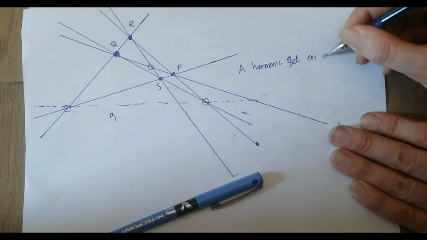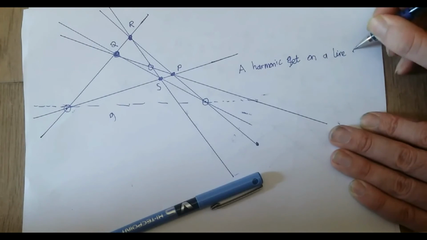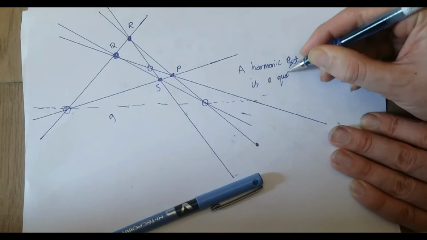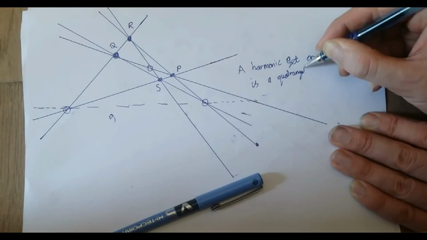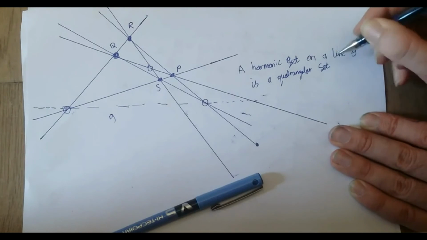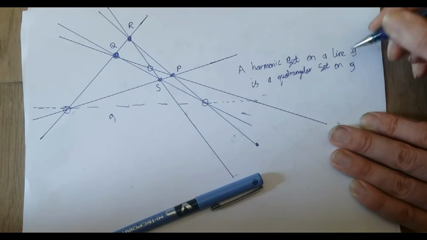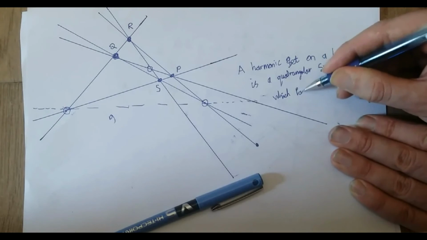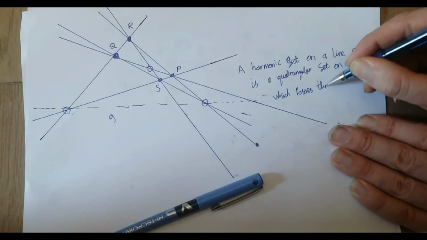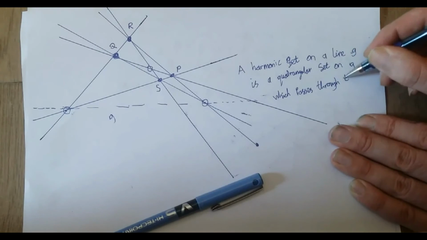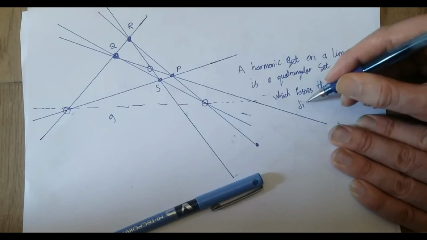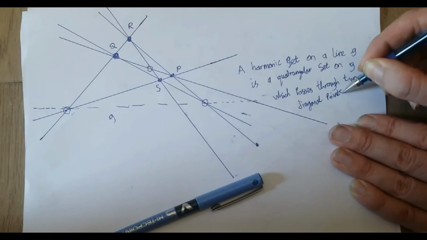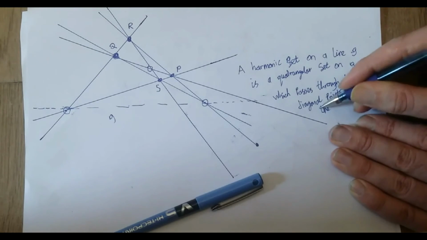So a harmonic set on a line G is a quadrangular set on G which passes through 2 diagonal points of the quadrangle.